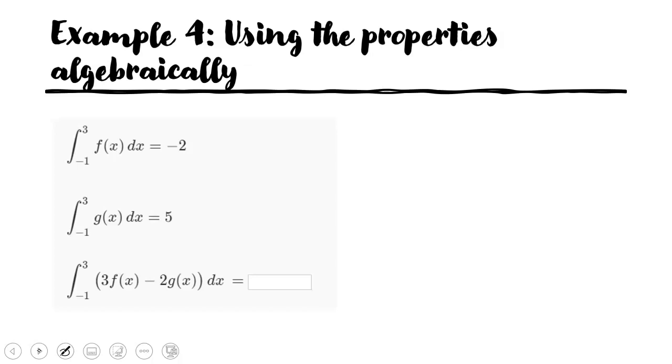-1 to 3. 3f of x would be like saying 3 times -2 minus 2 times 5. You can think of them as separate. The constant gets multiplied and makes that bigger.